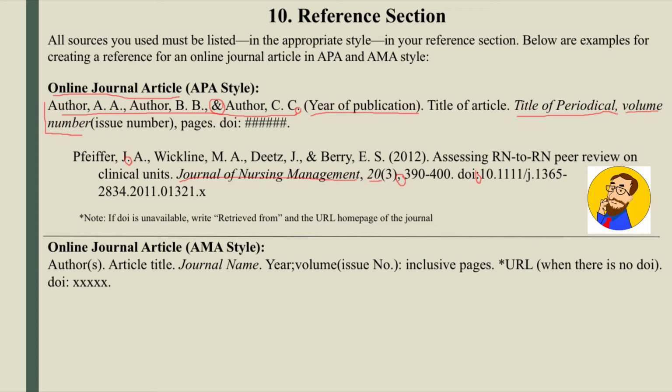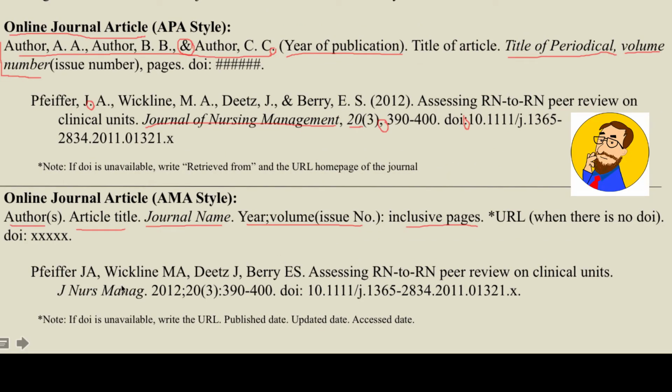That style, of course, is slightly different. AMA here, we're asking, as you can see, for some of the same exact things. The author, article title, journal name, year, volume, issue, page number, but in a slightly different format. And you can see here in the example that this is played out well.